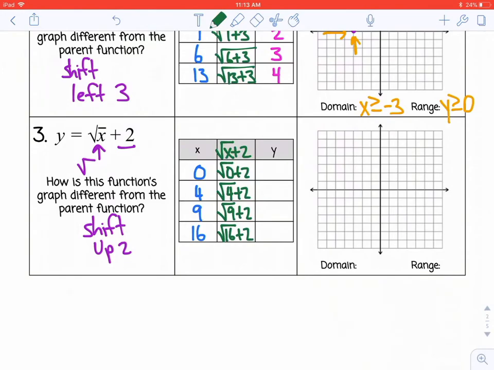So the square root of 0 plus 2 would just be 2. The square root of 4 is 2, plus 2 would be 4. The square root of 9 would be 3, and 3 plus 2 would be 5. And then the square root of 16 is 4, and 4 plus 2 would be 6.